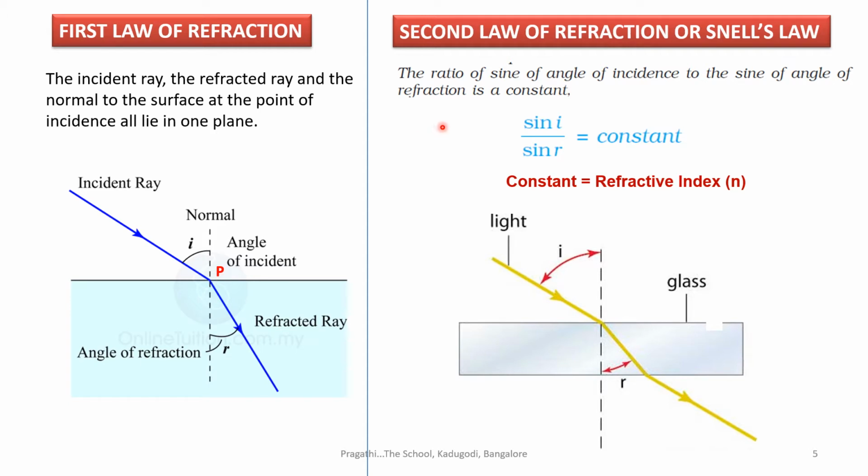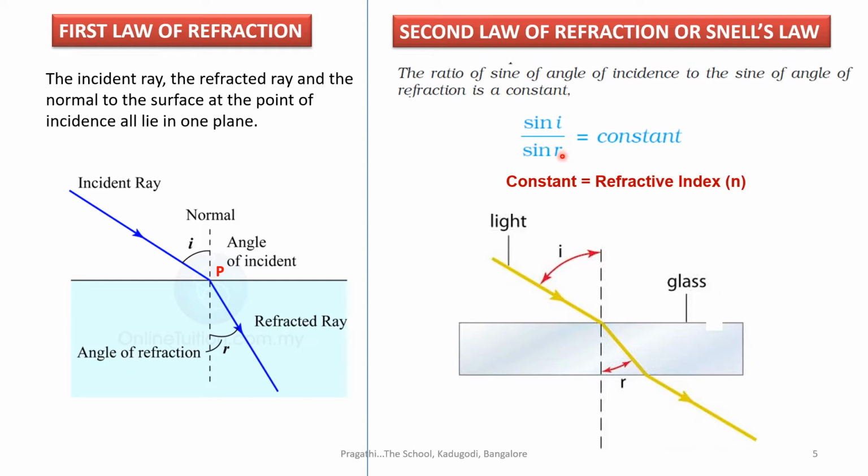Coming to the second law. The second law of refraction is also called Snell's law. What does the law say? The ratio of sine of angle of incidence to the sine of angle of refraction.